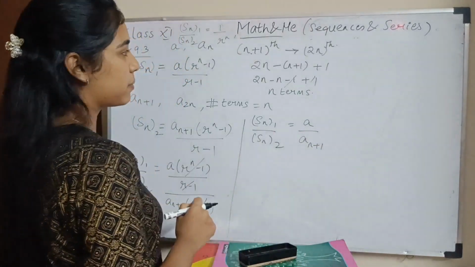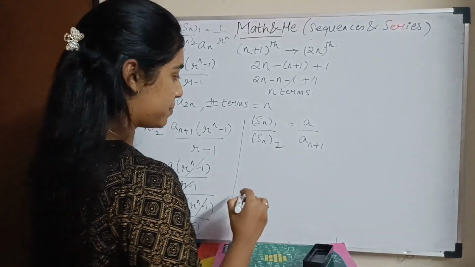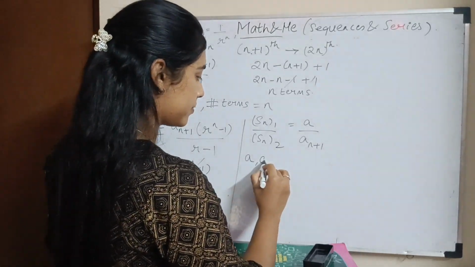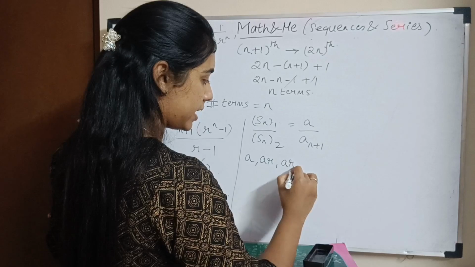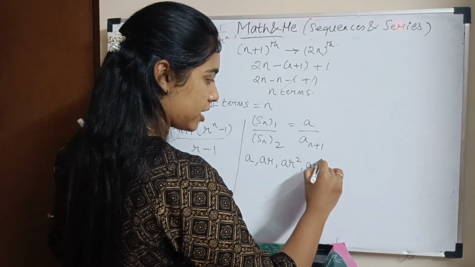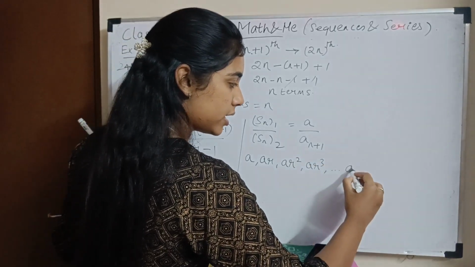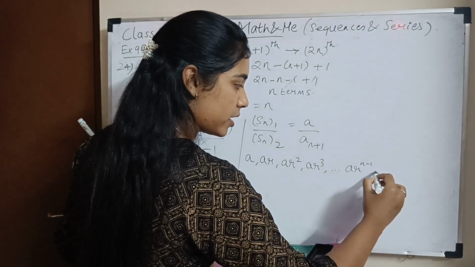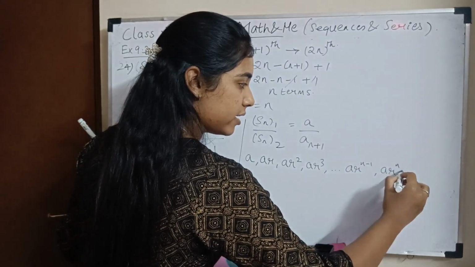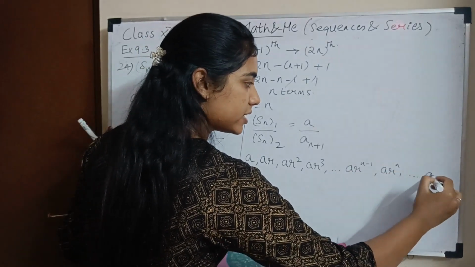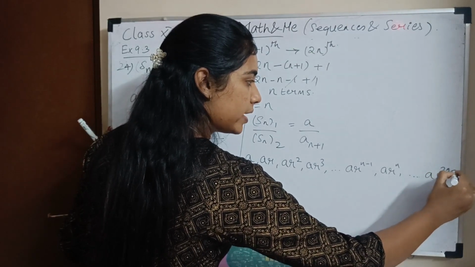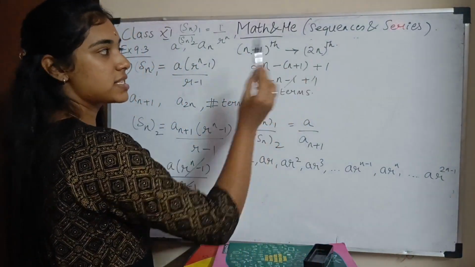So what is my a n plus 1? Let me write down what my GP is. My GP is a, ar, ar squared, ar cubed, and so on, ar to the n minus 1, ar to the n, and so on, until ar to the 2n minus 1. Correct? What is my last term? 2n.